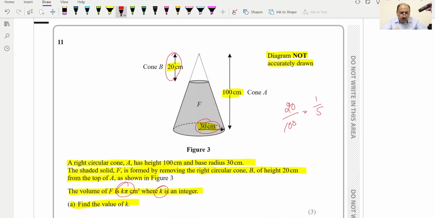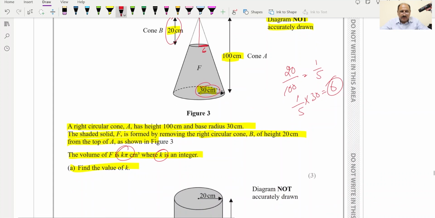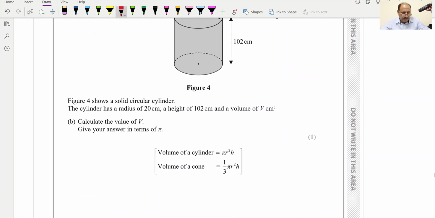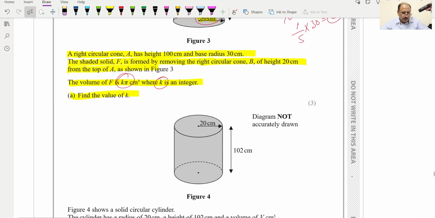The radius of the smaller cone will be 1 by 5 of 30, which is equal to 6. So the radius of the upper portion will be 6, which we have calculated by similar shapes. Now they want us to find the value of k.